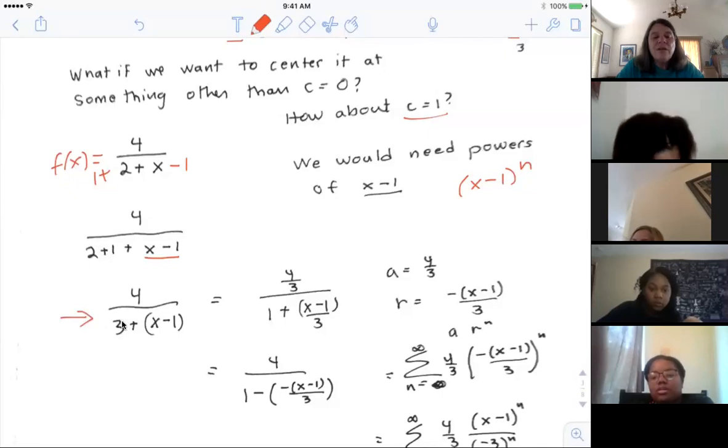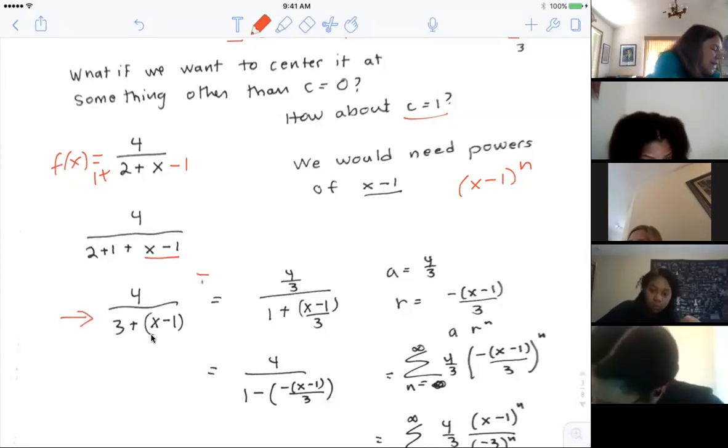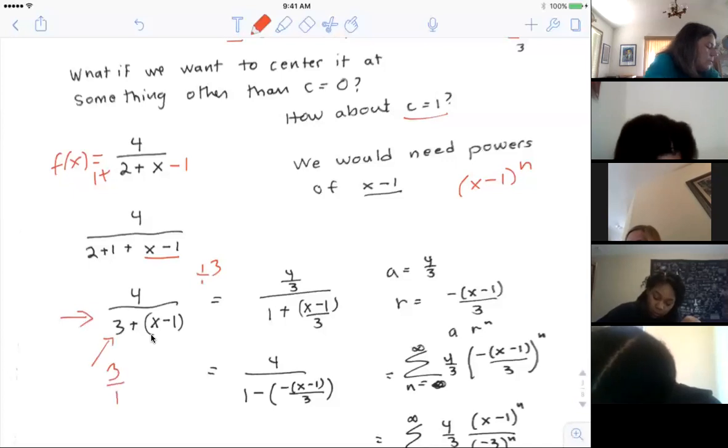Divide everything by 3. I can't just divide that one by 3. I got to divide this by 3, and that by 3. So that's what I did in the next step. I divided everything by 3 because I needed a 1 there, so that thing over 3 and that thing over 3. That's what I got right there.